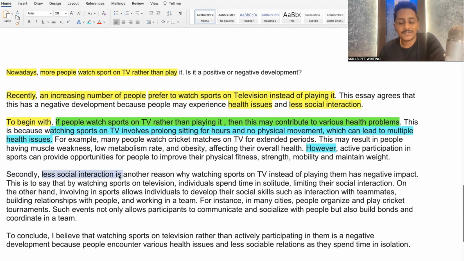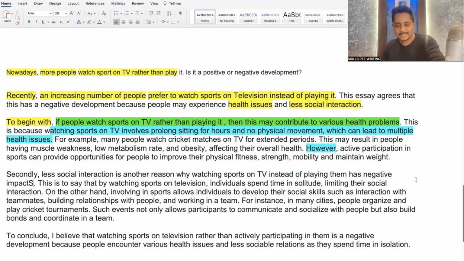Less social interaction. Another reason why watching sports on TV instead of playing them has a negative impact. As a negative impact. If you don't use a, then the negative impacts. Perfect. This is to say, see here, that's a linking word. Here it was, this is because.